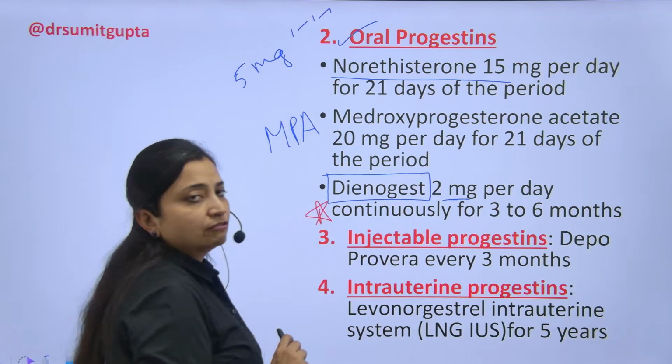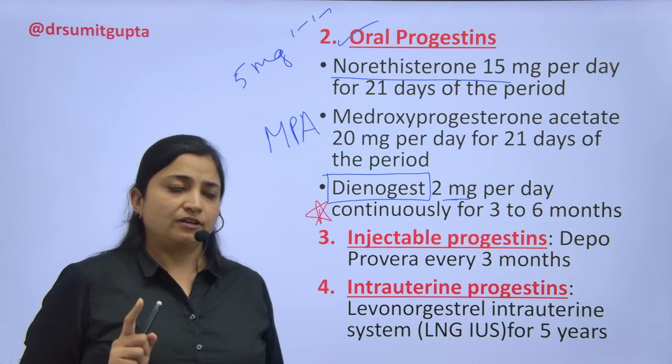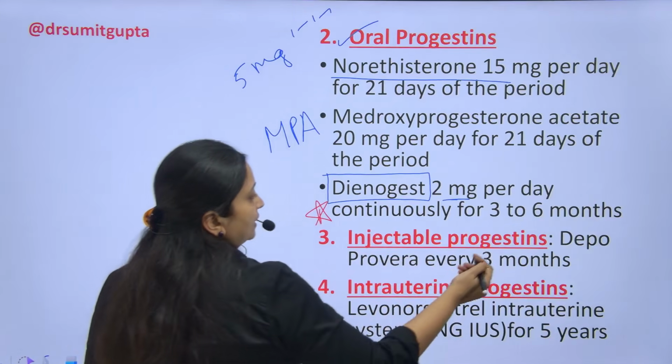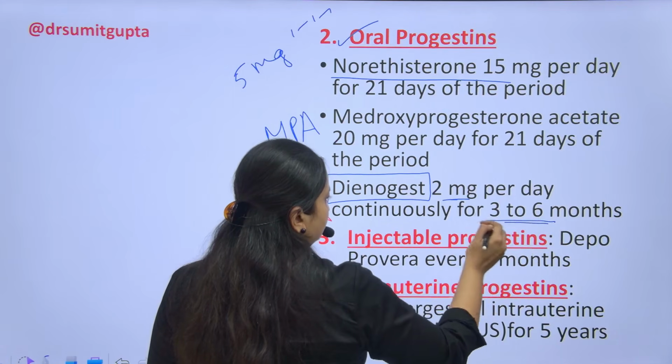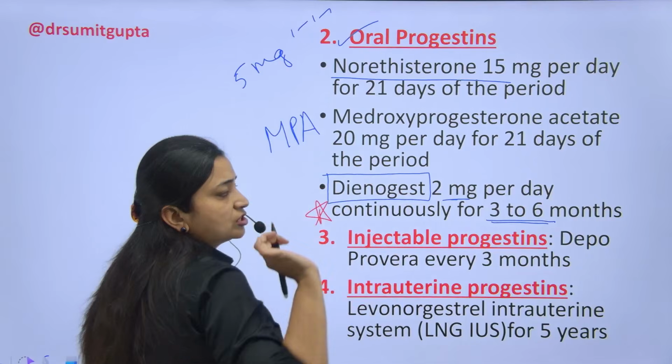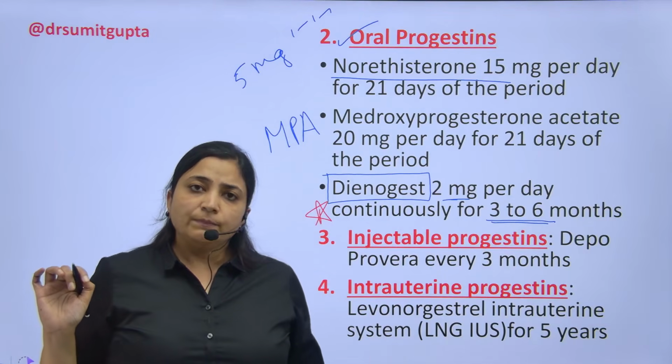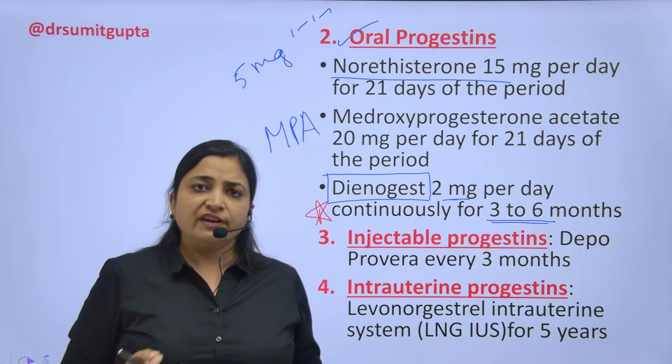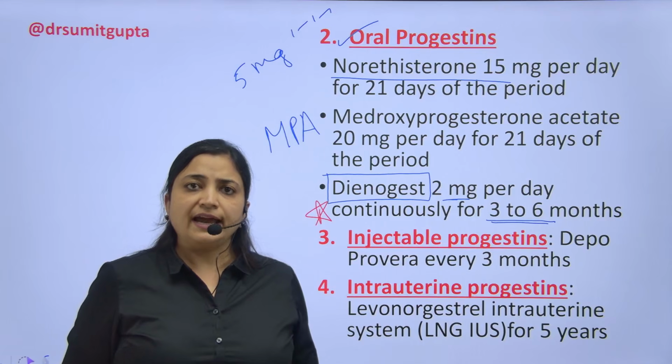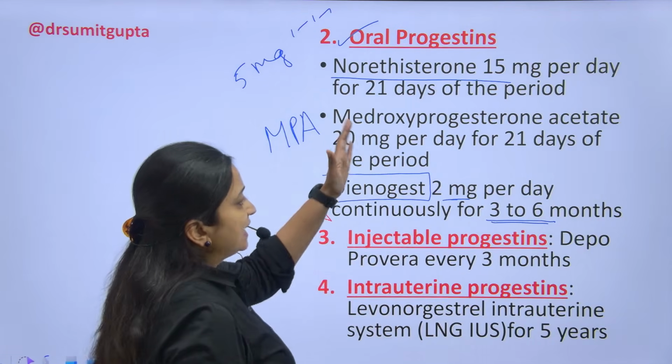You cannot give a break when you are giving plain Dynogest. So daily for at least 3 to 6 months. These are the oral preparations which are available in the market. Depending on the situation where you practice, the availability and the choice of the patient, we decide on any one of them.